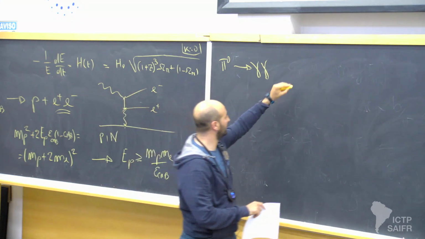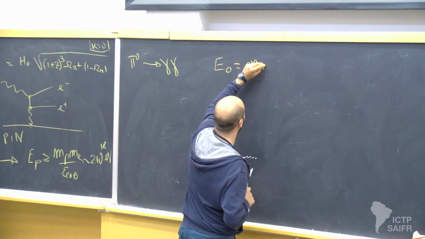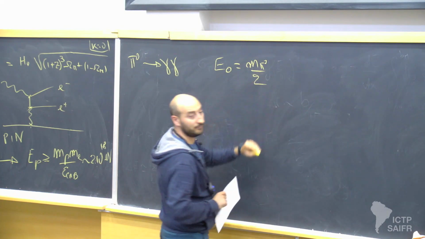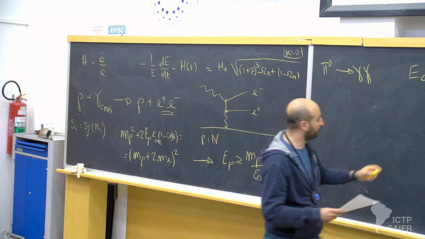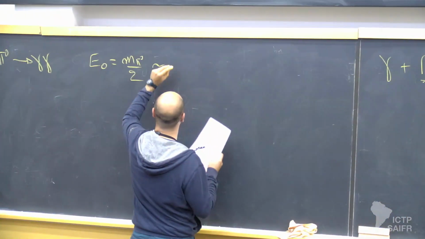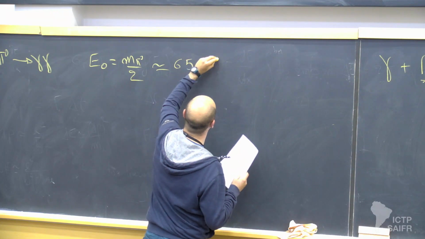And each photon carries an energy E0, which is nothing but m pi 0 over 2. And for those of you who are wondering what's this thing, it's 65.7 MeV.